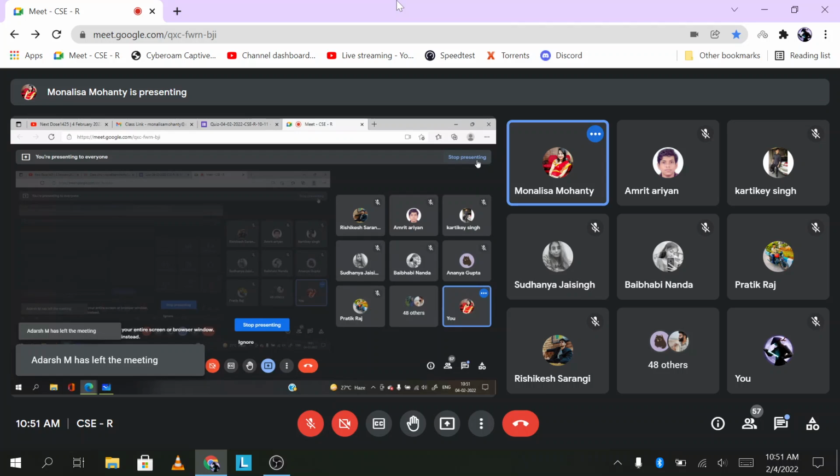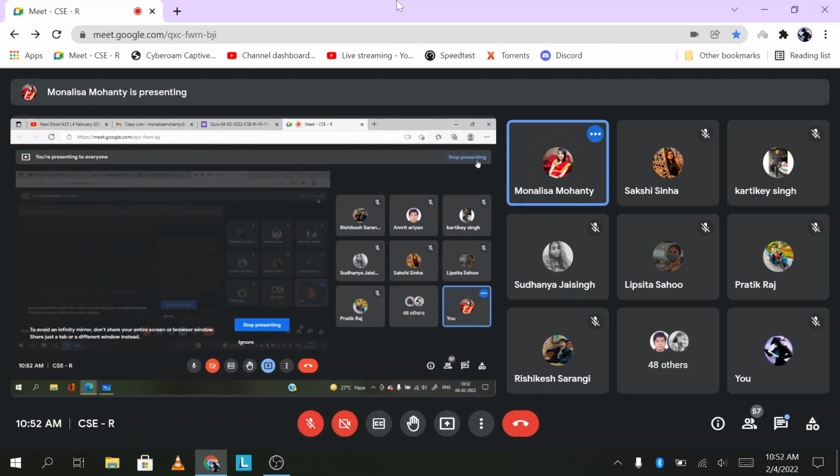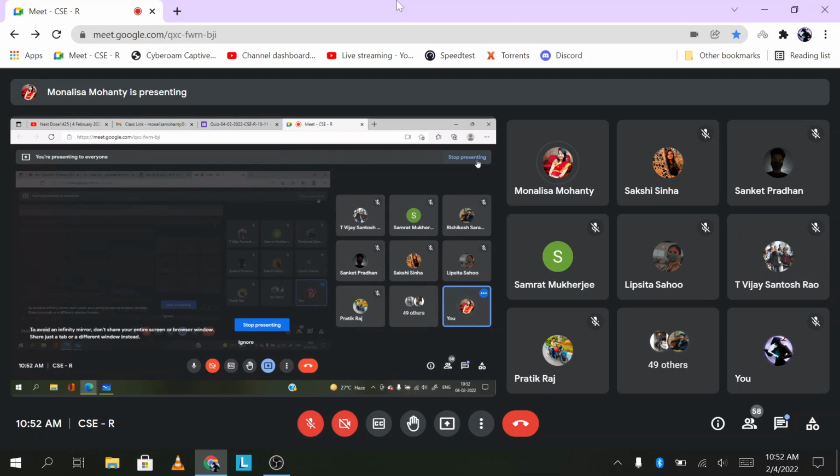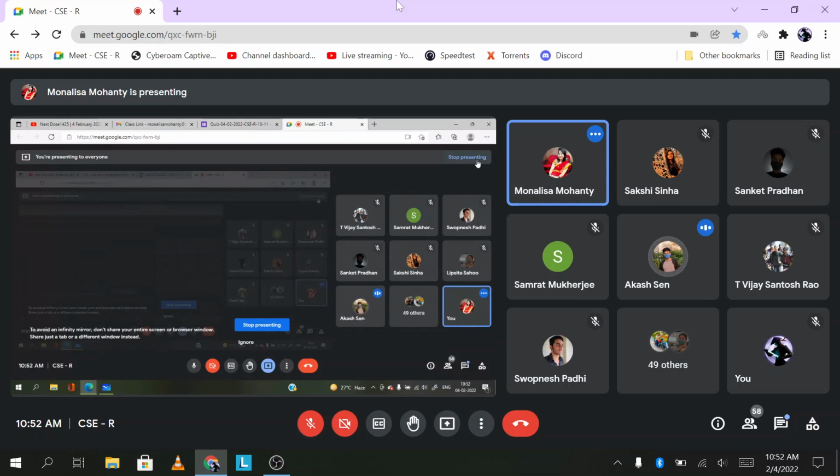Lipsita Sahu, Present, ma'am. Sakshi Sinha, Present, ma'am. Samrat Mukherjee, Present, ma'am. Sanket Pradhan, Present, ma'am. Vijay Santosh, Present, ma'am. Akash Sen, Present, ma'am.